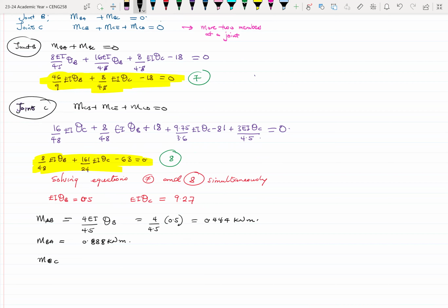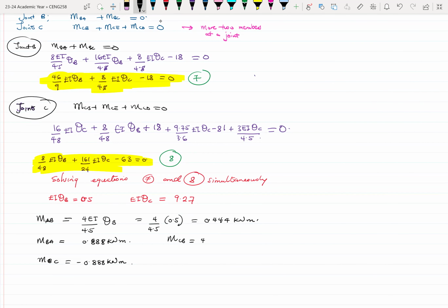So that we can do. So MBC will become minus 0.888 kilonewton meter. We can look at, let me put this here, MCB, just so we see something interesting.